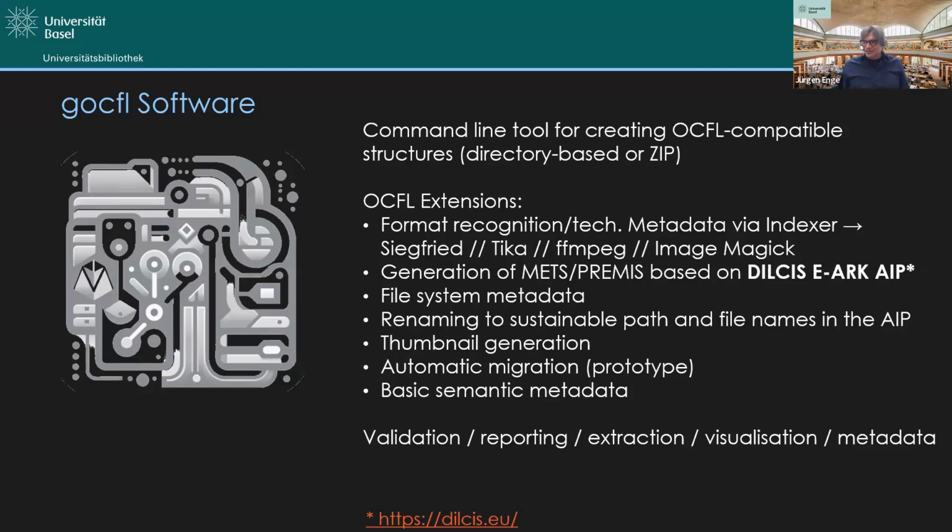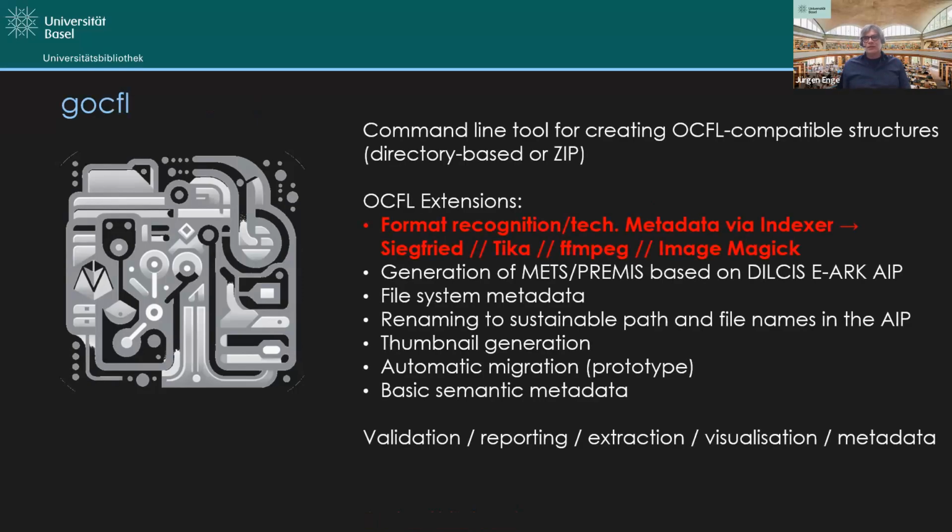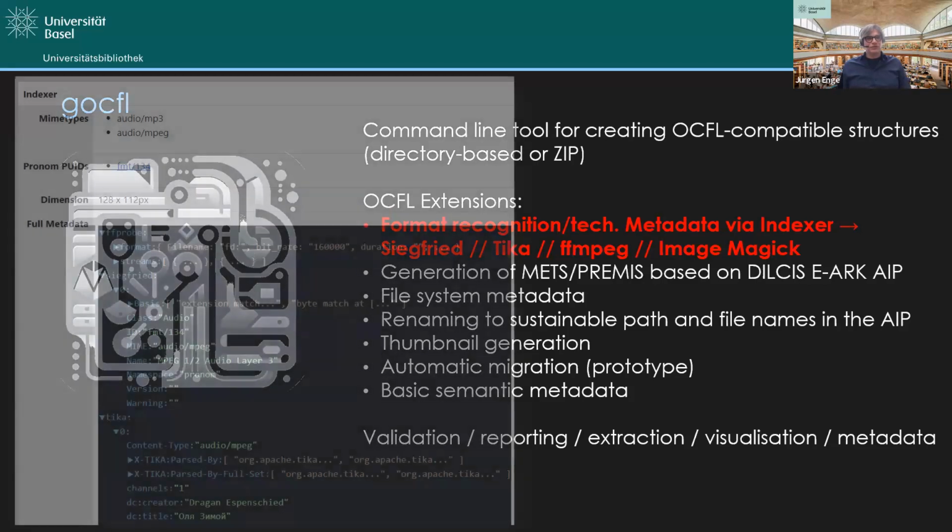To do this, it's highly parallel, so it tries to read every file only once, and it writes every file only once. But in between, we have format recognition, for example, which means that we are using Siegfried, which is quite a common tool for getting names and MIME types, Tika for recognition of office formats, FFmpeg and ImageMagick for time-based media and images.